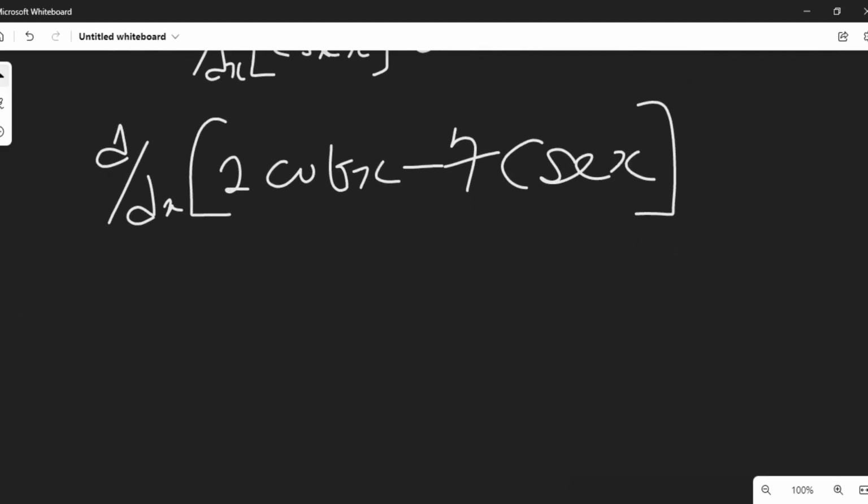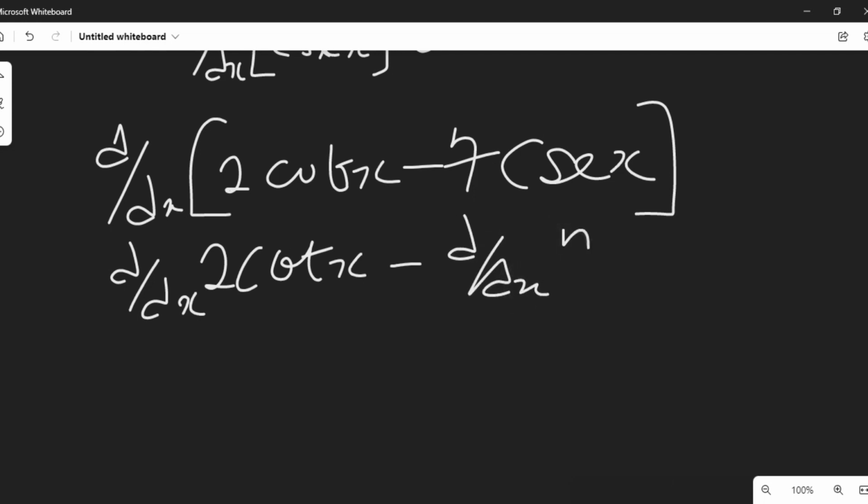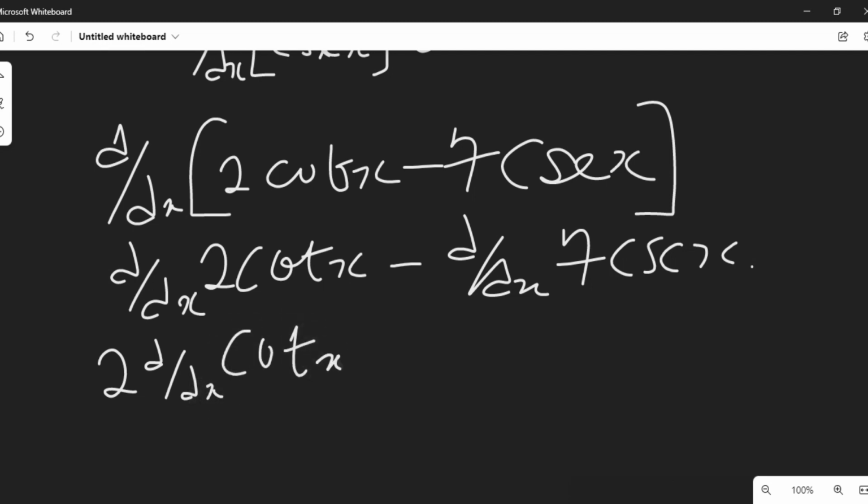So all we need to do once given this is to break this value, and this will give us the derivative of 2 cotangent x minus the derivative of 7 cosecant x. So this will give us 2 times the derivative of cot x minus 7 times the derivative of cosecant x.